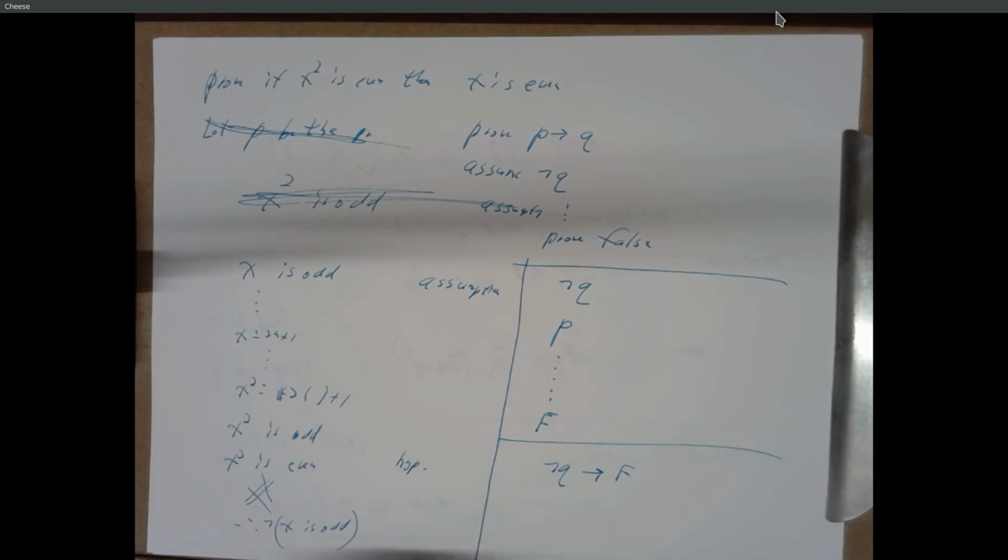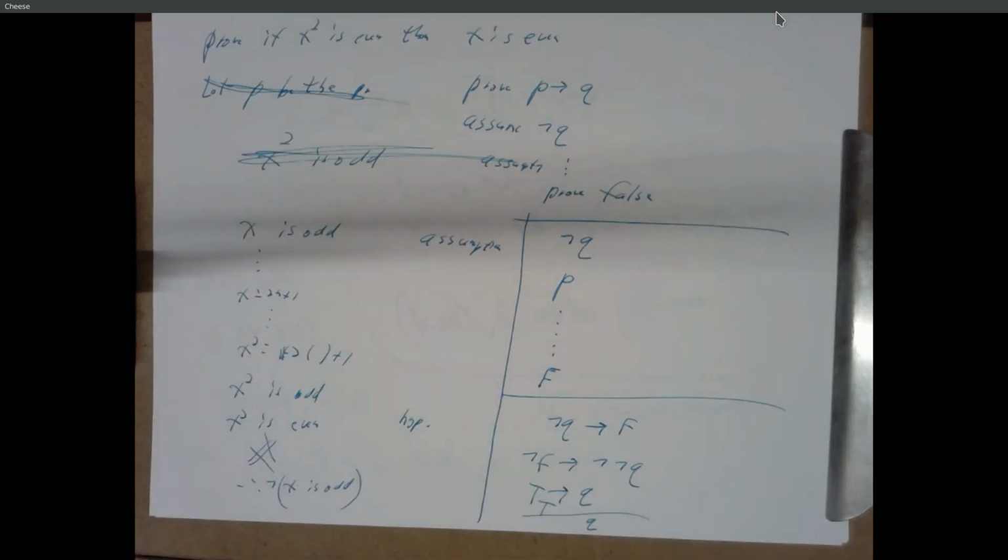Well, that's equivalent to the contrapositive, which is not false implies not Q, which means true implies Q. And we know that true is always true, and so we know Q is true. So an indirect proof is really the same as a proof by contradiction. And it's really a direct proof of the contrapositive in some way.